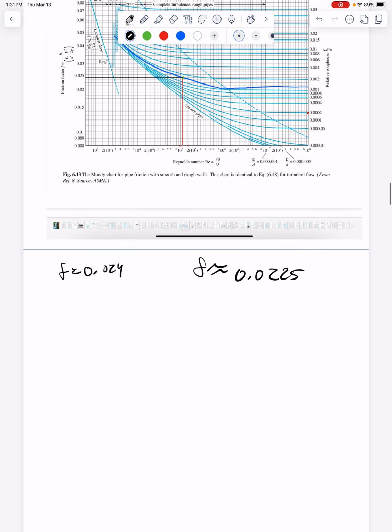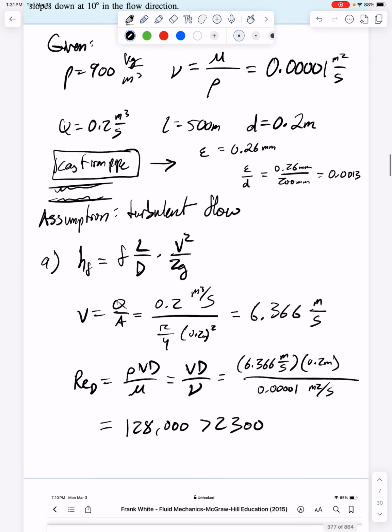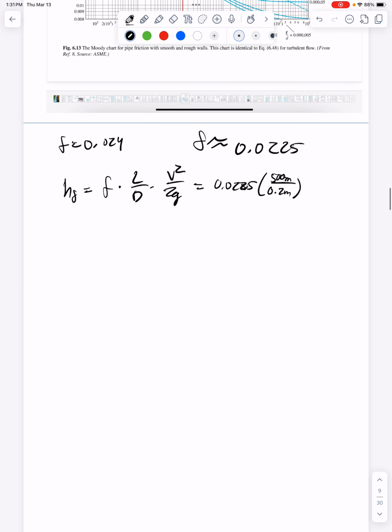Okay, back to the head loss equation. So f times L over D times velocity head is then just 0.0225 times L, 500 meters, I believe, divided by diameter of 0.2 meters, times velocity, 6.366 meters per second, squared, divided by 2g, 2 times 9.8 meters per second squared.